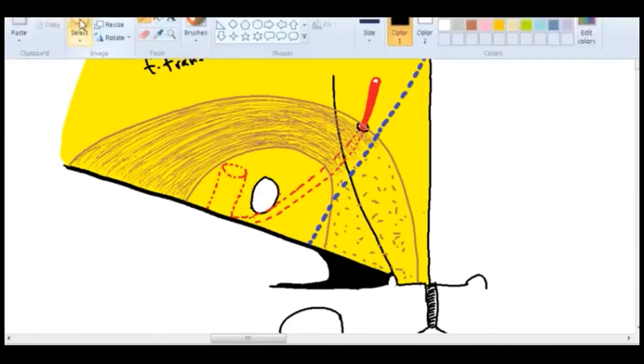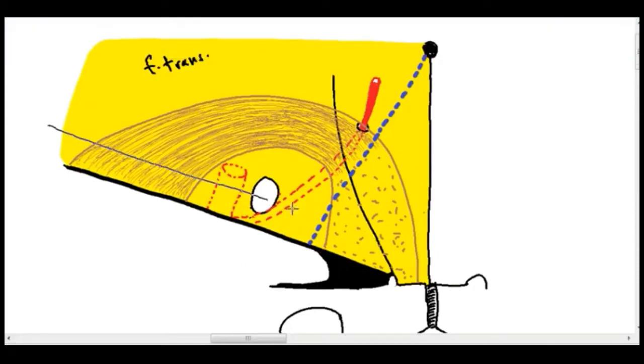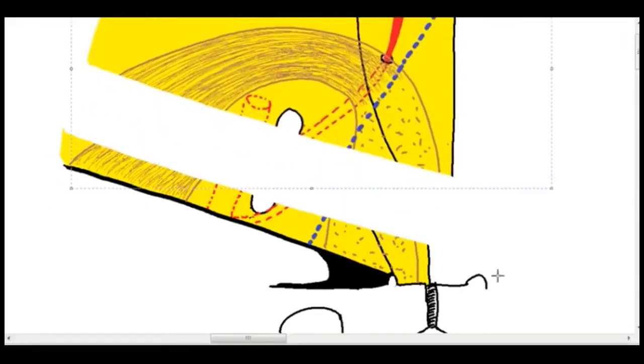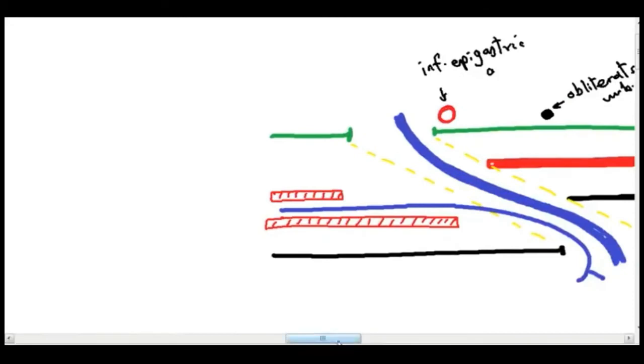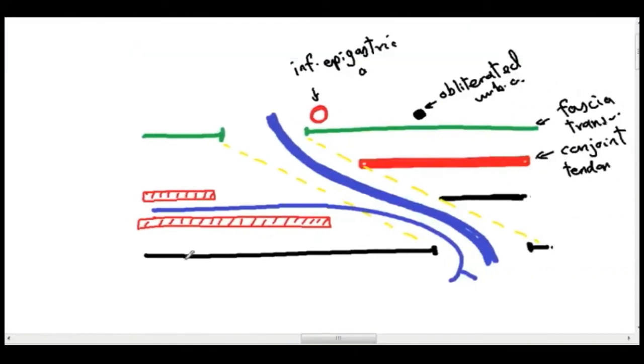If we make a cross section in this triangle like this, or this inguinal area as a whole, we will find the inguinal canal also. You remember, if you see the video of boundaries of inguinal canal, you will see like this. You remember, this is external oblique muscle, external oblique aponeurosis, and this is the superficial inguinal ring, the beginning of arching fibers of internal oblique and transversus abdominis.